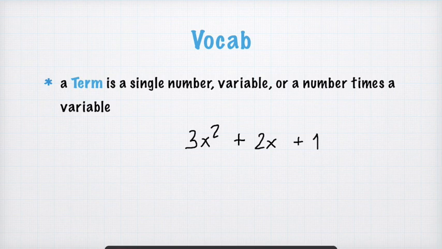Each one of these terms is going to be our words, and the adding and subtracting is going to be our verbs. So a term is just the things that are separated by the addition and subtraction. These are the nouns of our sentence, and so they're the single numbers, the variables, or a number times a variable.